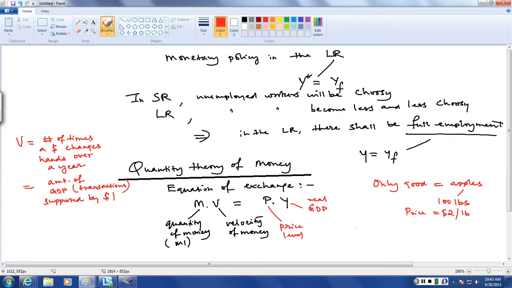So by this token then, what will be this side of the equation, P times Y? In other words, what value of GDP has been produced? We'd have $2 a pound times 100 pounds. So that's $200 worth of goods have been produced. Is that correct?